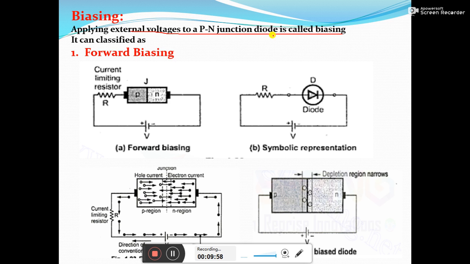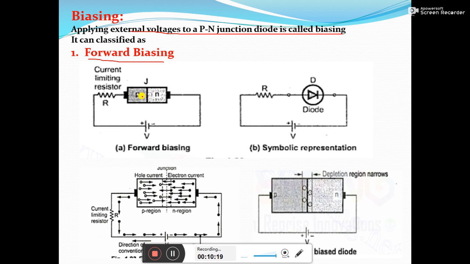Depending upon the polarity of the external DC voltage applied to the diode, the biasing can be classified into two types. The very first one is forward biasing. As we know, the PN junction or the diode has two terminals, P type and N type.